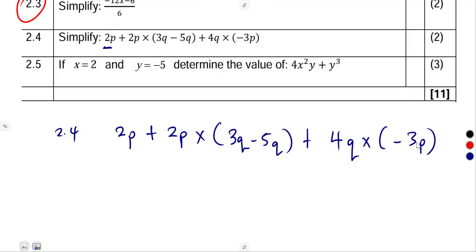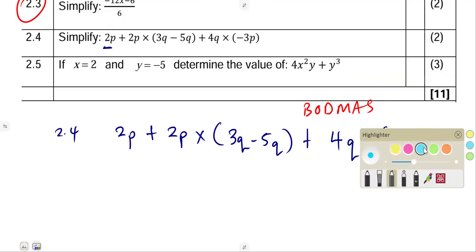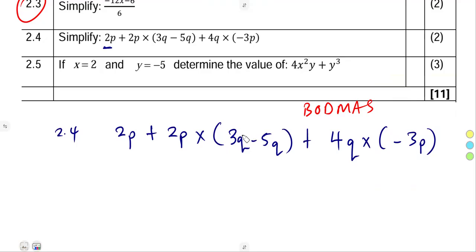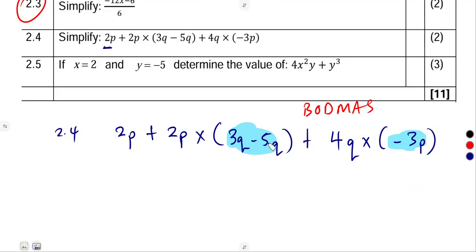So remember your BODMAS. Let's see what we are going to have here. So working with the brackets, yes, there are brackets here. Let's see what we've got inside the brackets and simplify that part.